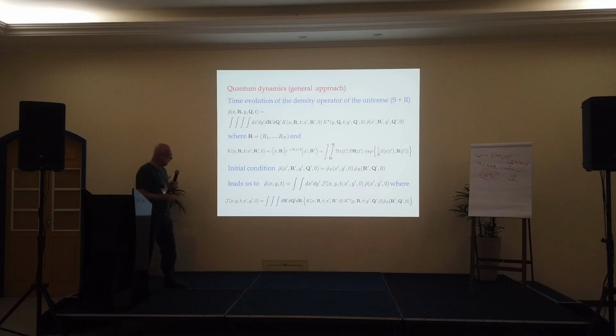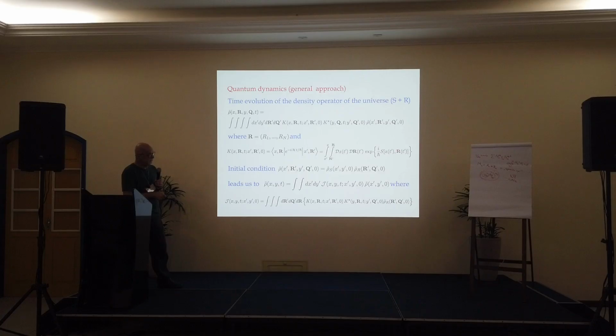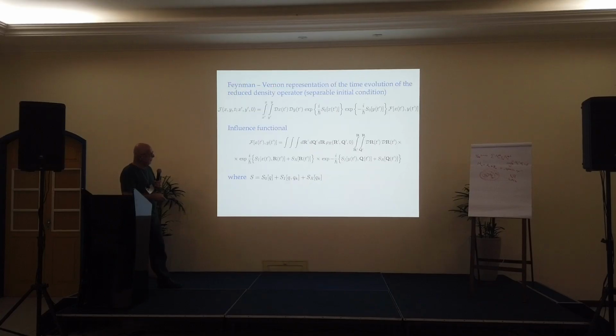So what I can do is the following. If I jump from this description to this one, I can make this separation. Let's see how it happens shortly. Okay, so here's this expression.